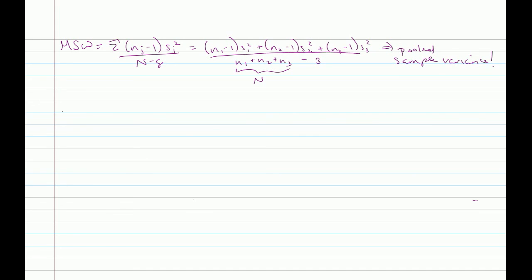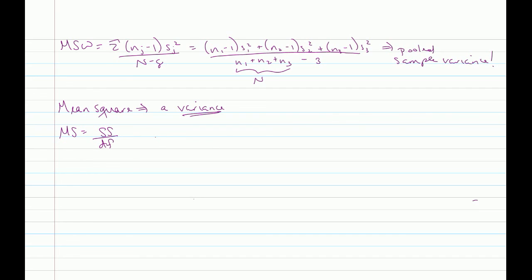So a mean square is a variance. We're finally getting to the variance components of the analysis of variance. We need the degrees of freedom and we need the sums of squares to calculate a variance. So a mean square is always the sums of squares of a specific row divided by the degrees of freedom for that row.